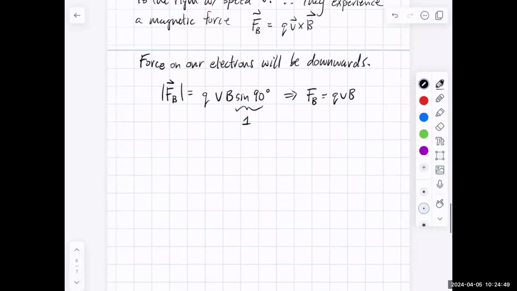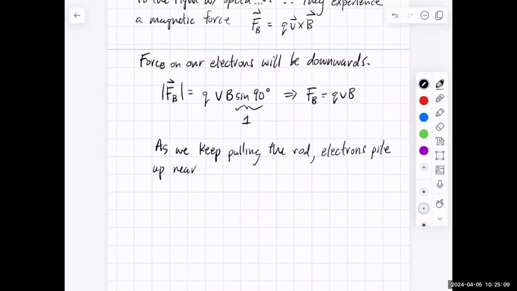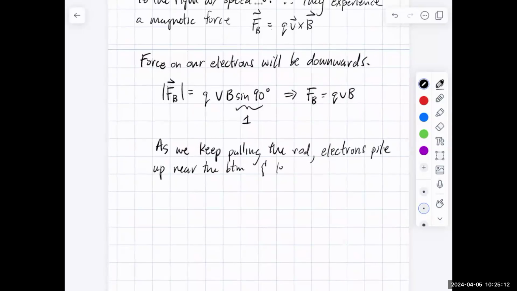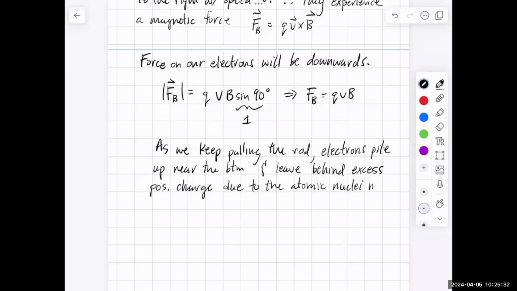So as we keep pulling the rod, electrons pile up near the bottom and leave behind excess positive charge due to the atomic nuclei near the top of the rod.